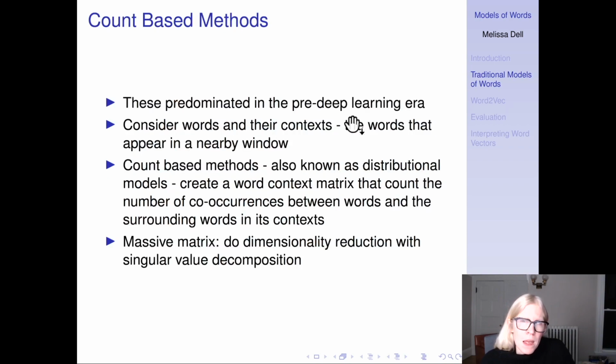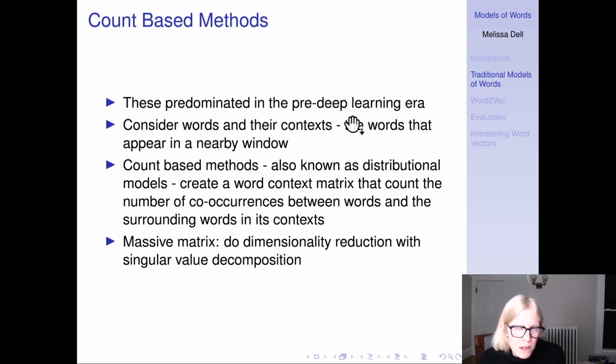Okay, and so to compute word vectors in the pre-deep learning era, count-based methods predominated, much as we saw count-based methods predominated in NLP more generally in the pre-deep learning era in one of the other videos for this lecture. And so the idea was to consider words in their contexts.